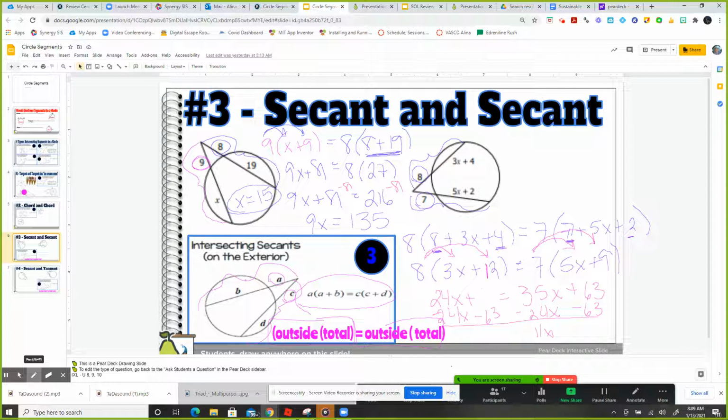So 8 times 12 is what? 8 times 12, oops, is 96. Is that better? And then 96 minus 63 is 33. Oh, that makes so much more sense. Thank you, Nasia. And then we divide, and x equals what?